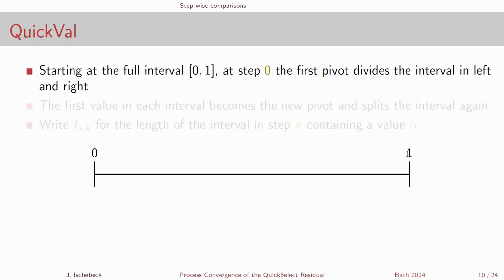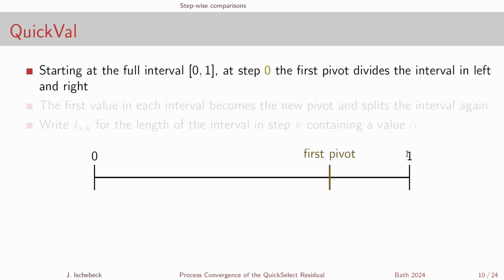Okay, so this was the space where we would want convergence, and now we have to look again at how quickselect really works. In the first step, let's say we have this whole interval where the values are, and somewhere on this interval is the first pivot.